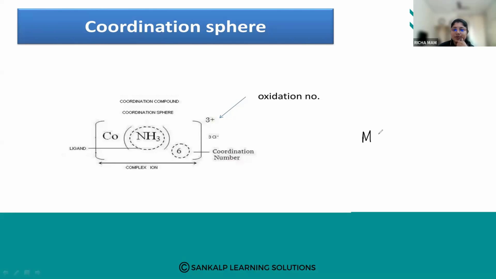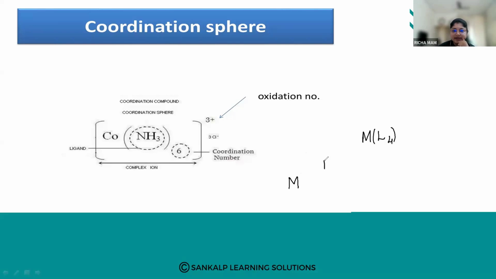Now suppose M, and I'll write L4. L4 represents your ligands, the number of ligands. How many ligands are there? 4 ligands. So when your metal is linked to the ligands, how many non-ionizable ligands are there? 4 ligands are there. So how are these 4 ligands represented?